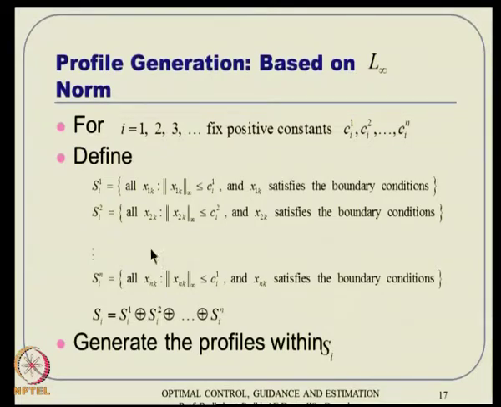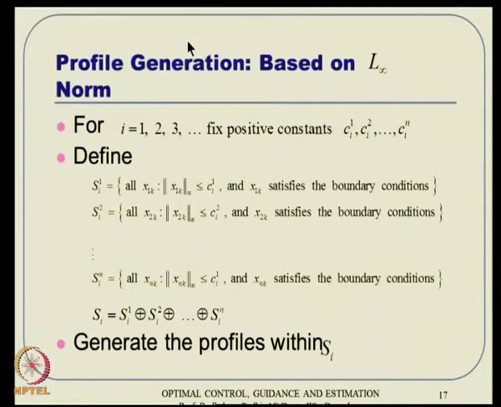Then you can say the infinity norm of x1k has to be less than some value, and the infinity norm of x2k has to be less than or equal to some value, like that. Then you finally say that my SI, the domain of interest for me, is the direct sum of these sets. So, essentially you generate profiles within this SI.